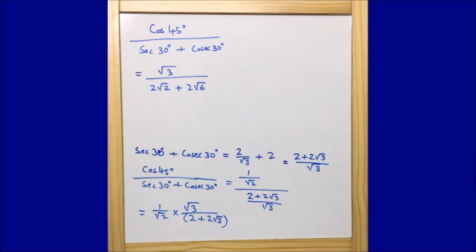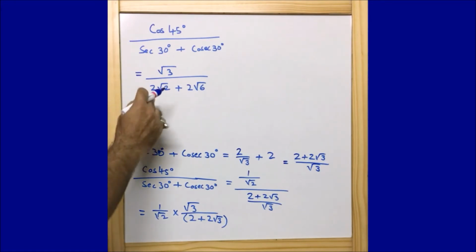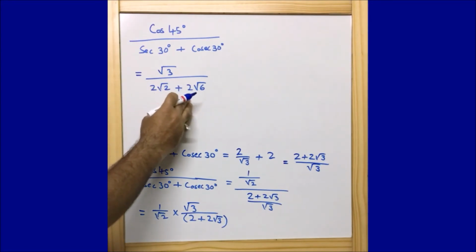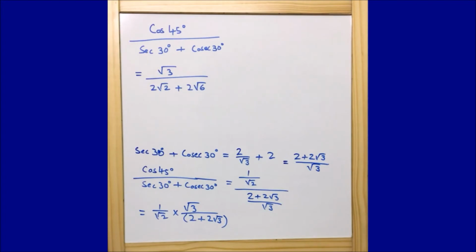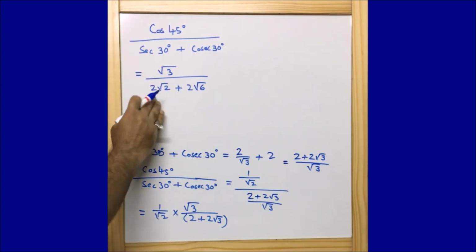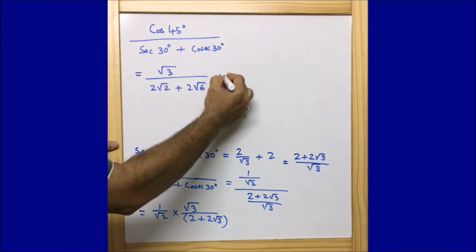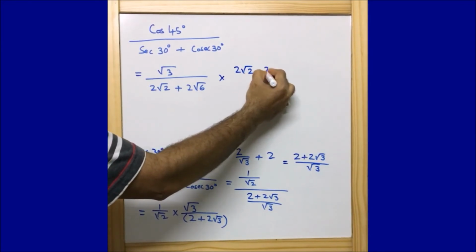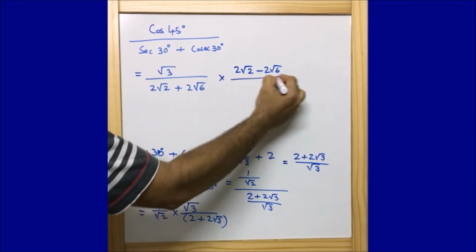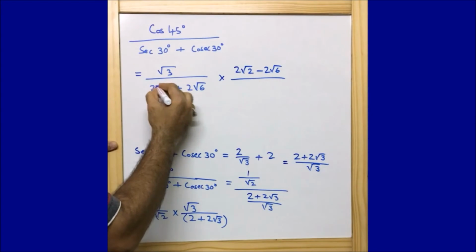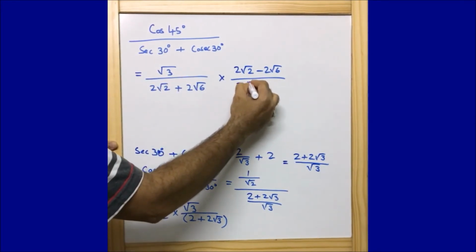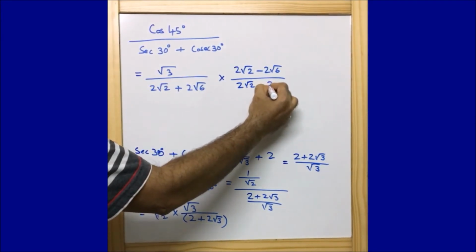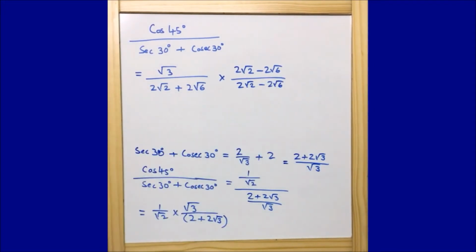Let us multiply by 2 root 2 minus 2 root 6, so that we can get the a square minus b square form and we can easily replace these values. So I will write 2 root 2 minus 2 root 6 upon 2 root 2 minus 2 root 6. This is what I am getting.